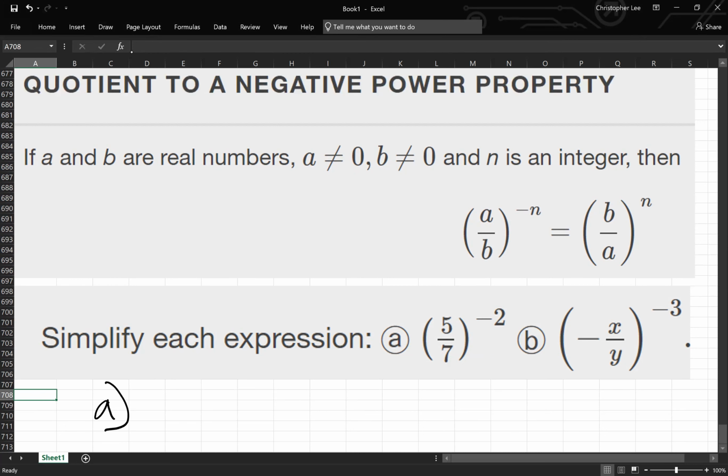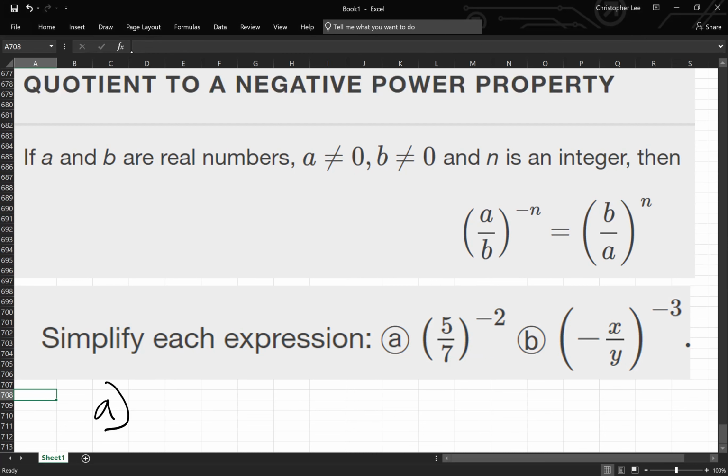Good, which we know is 49 over 25, which is 7 squared over 5 squared. So whenever we have a fraction and we have the powers, it gets applied to each one individually. So that's how that works.